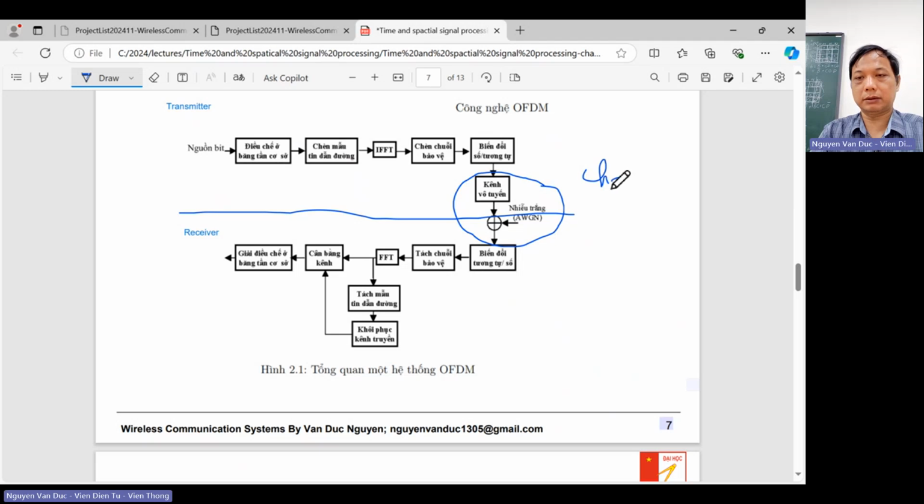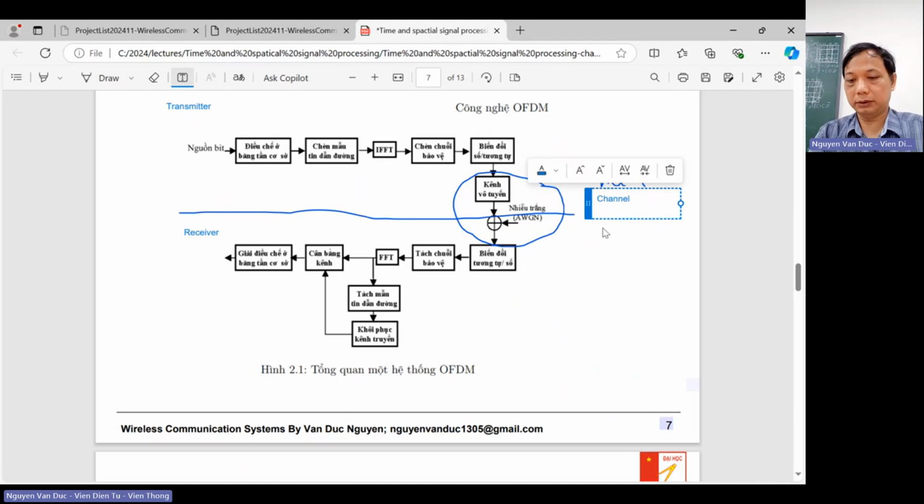The channel has two terms. One is an additive channel, that is AWGN, and the second one is a fading channel.